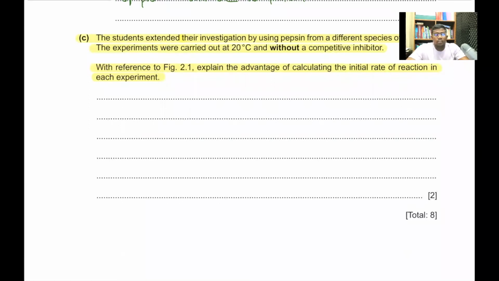Actually, the initial rate of the experiment allows us to make a valid comparison between the activities of the enzyme. And also the initial rate is the fastest rate. It is not limited by the substrate concentration, because in the beginning, the substrate concentration is as high as we have provided. But as the reaction continues, the substrate concentration decreases. And it is also not influenced by the product that is produced, meaning that there is no end product inhibition.